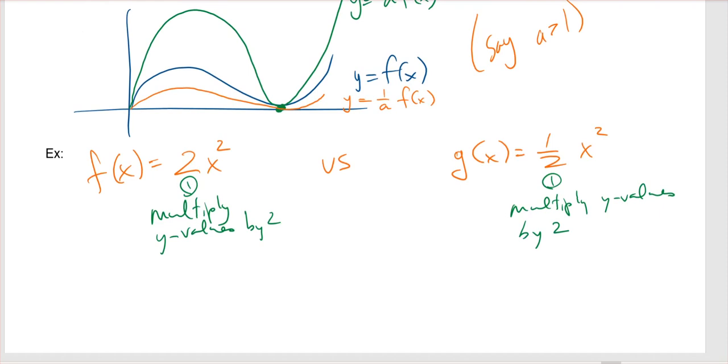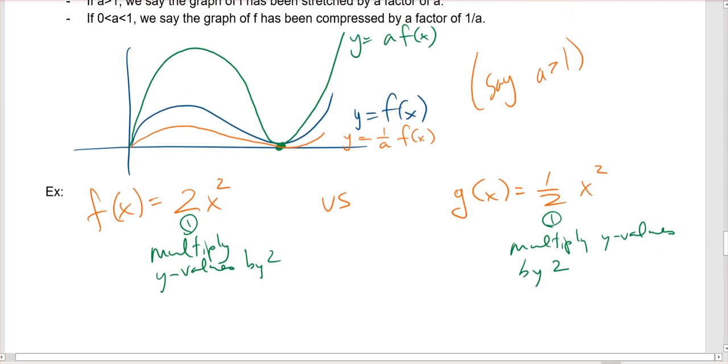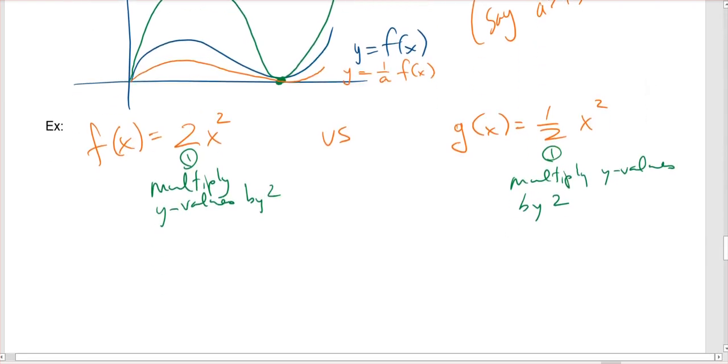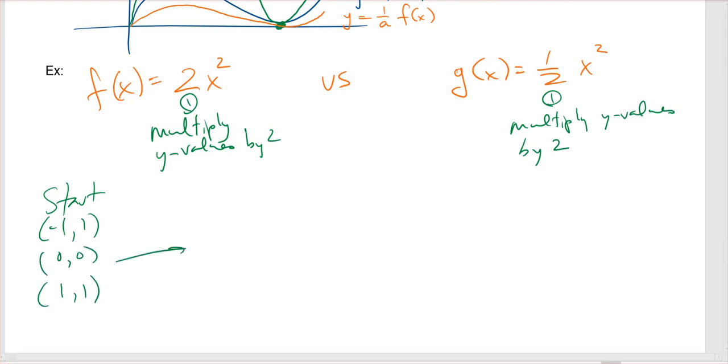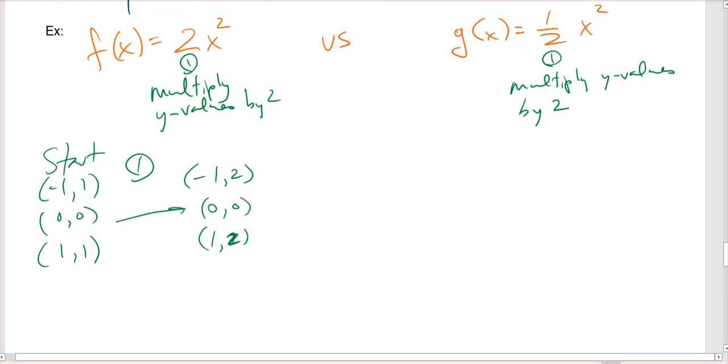Both of these are going to look like that parabola. On the regular old parabola, -1 goes with 1, 0, 0 is on there, and 1, 1 is on there. If I do my transformation, I'm going to multiply all these y values by 2. So we got -1 goes with 2, 0 goes with 0, 1 goes with 2.